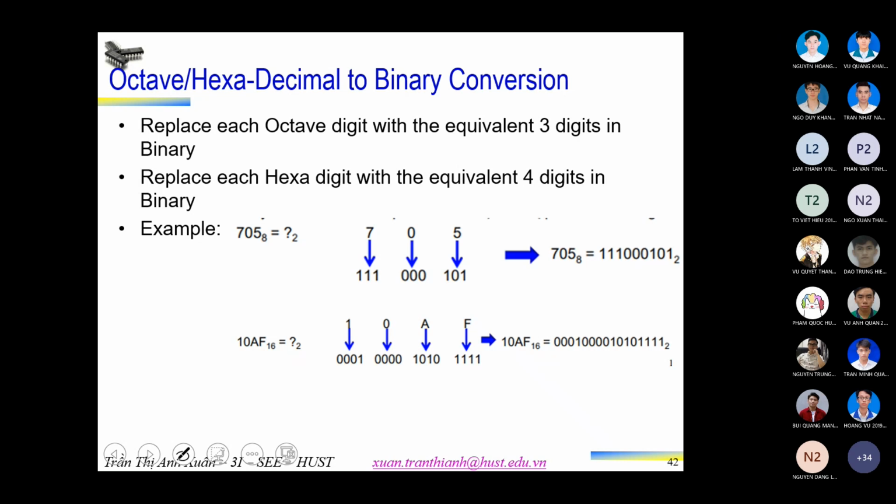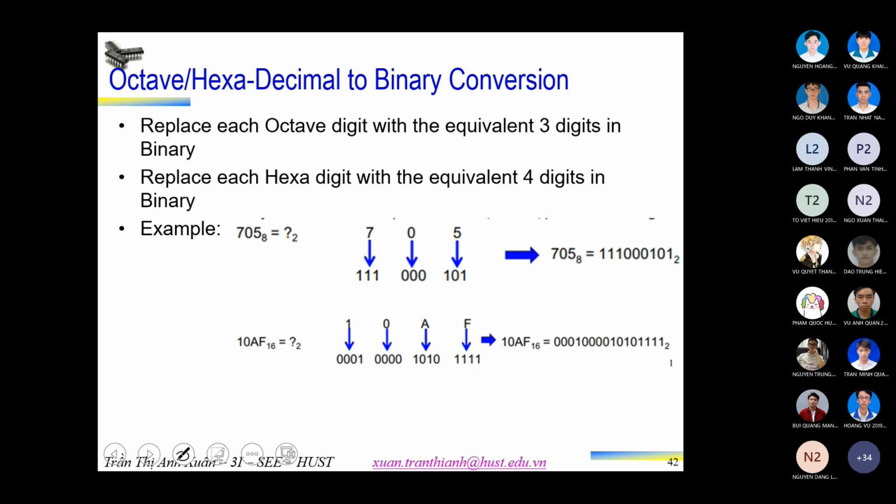You can see on the slide. You know that 8 is equal to 2 to the power of 3, and 16 is equal to 2 to the power of 4.